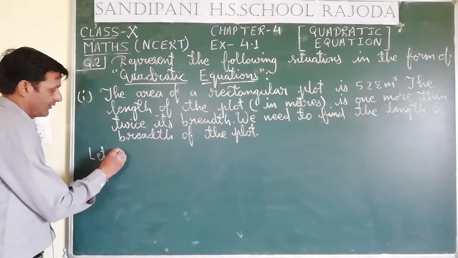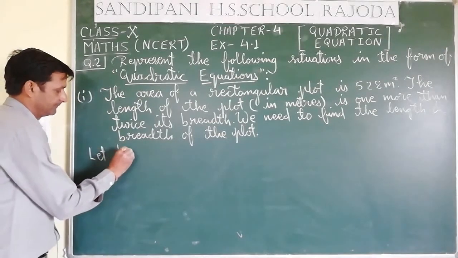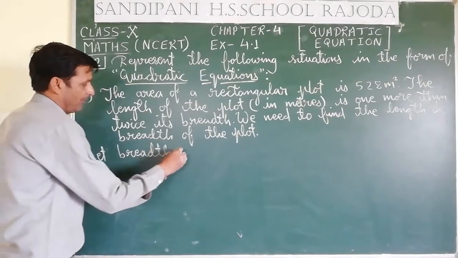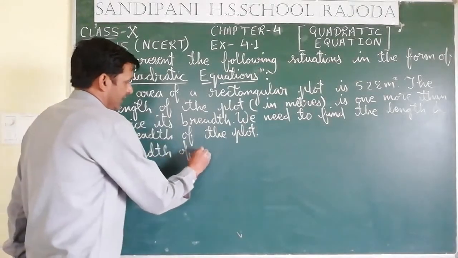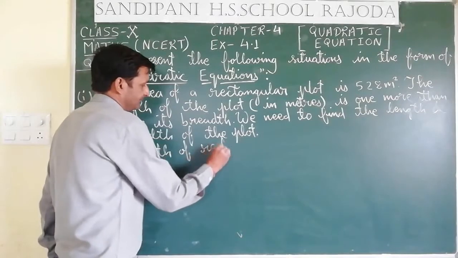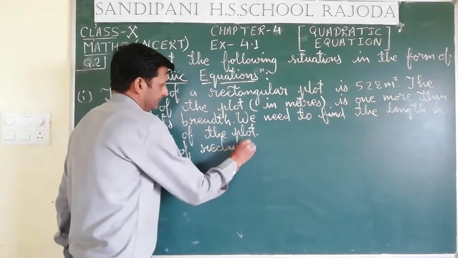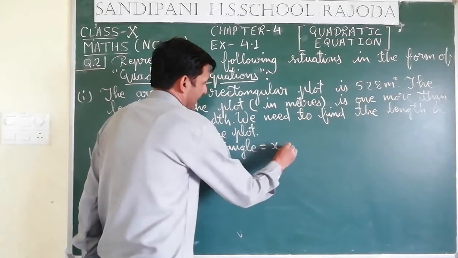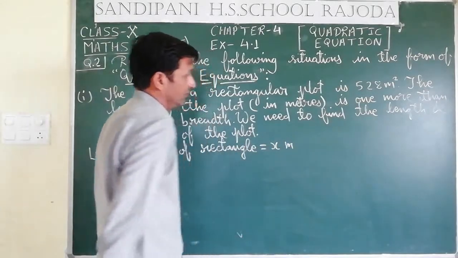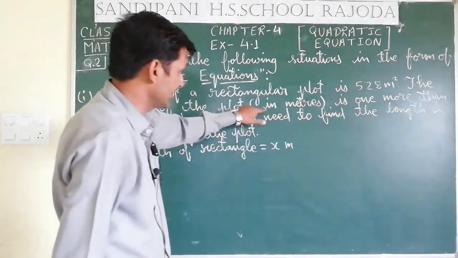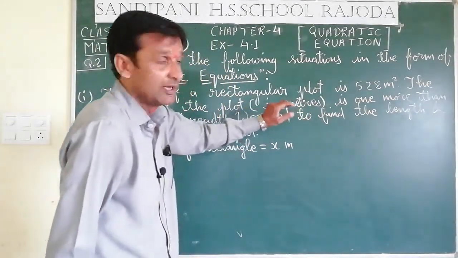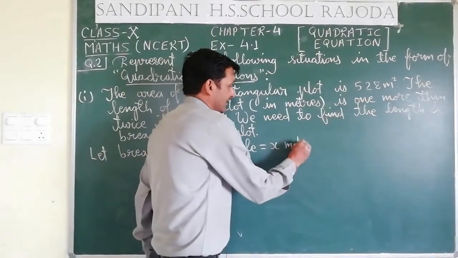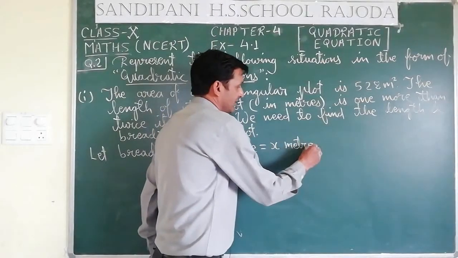So let breadth of rectangle is equal to x meters. You have to mention here, because it is clearly mentioned in the question that it is in meters. So it is x meters.